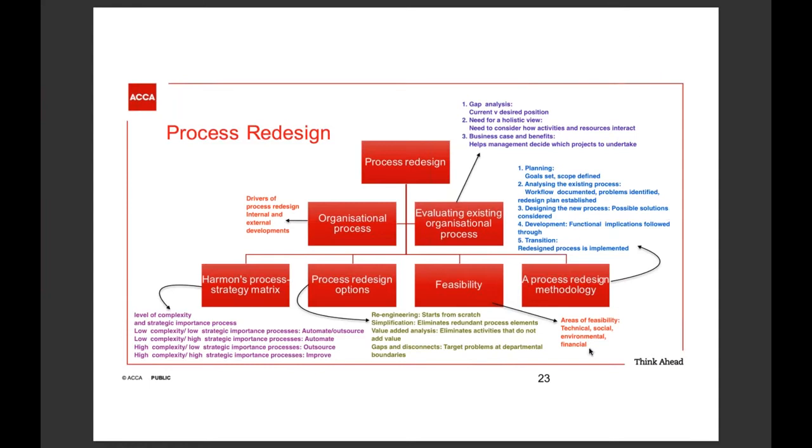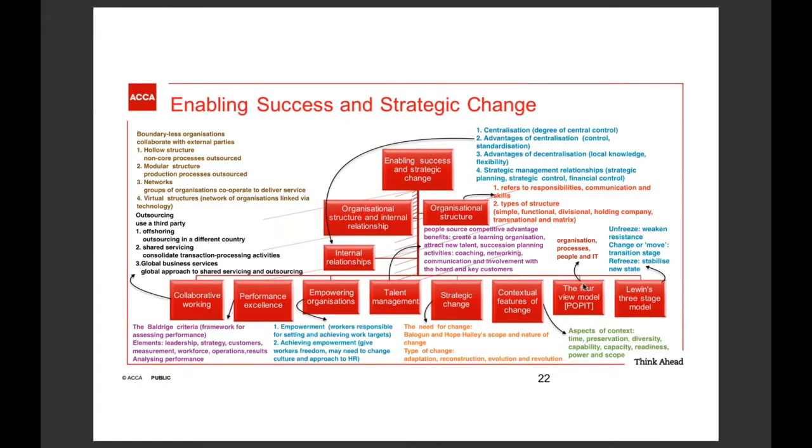Okay, let's go to the next part, which is process redesign. If you still remember what we had earlier, under your pop-it, one of the implications of the change is affecting the process.